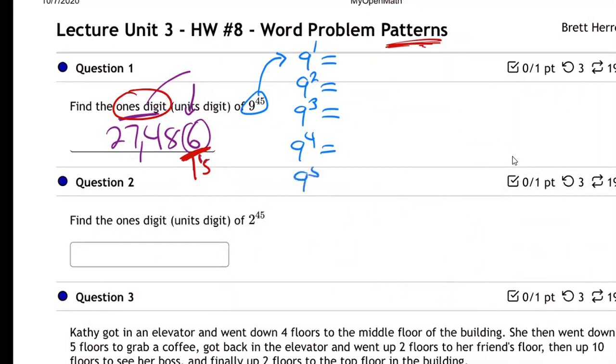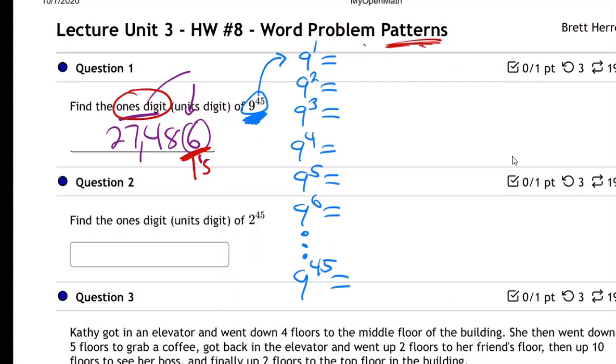We'll just do a few of these, 9 to the fifth, 9 to the sixth, and see if we can see a pattern that'll enable us to jump down and go, oh, I get it now, and figure out what the last digit will be for 9 to the 45th. That's a strategy that often works when you have a really difficult question that's just too crazy big: make it simple and see if there's a pattern.